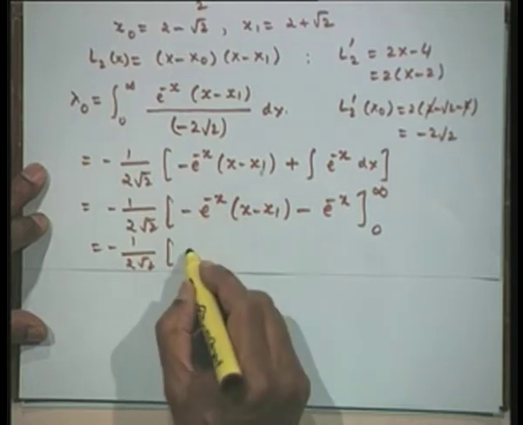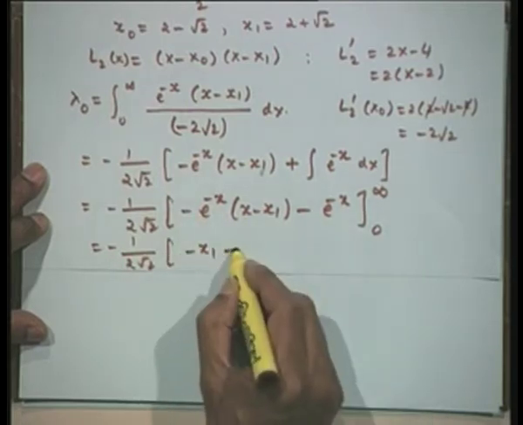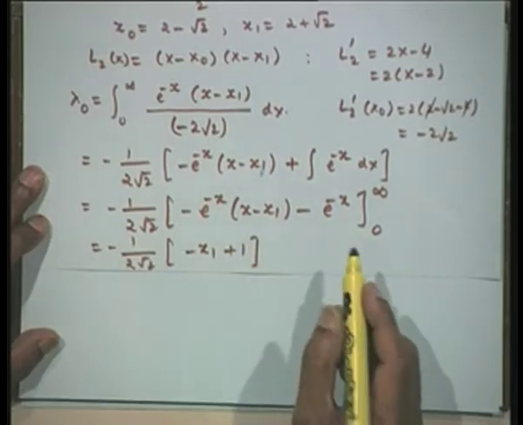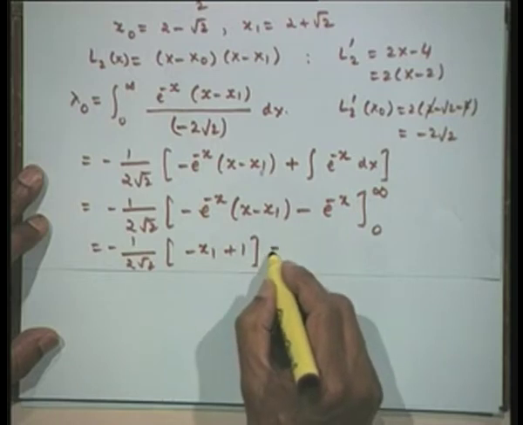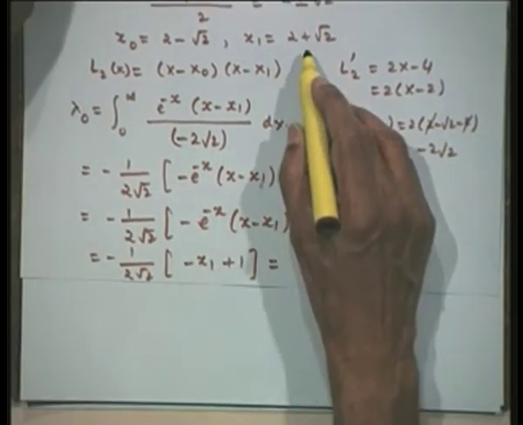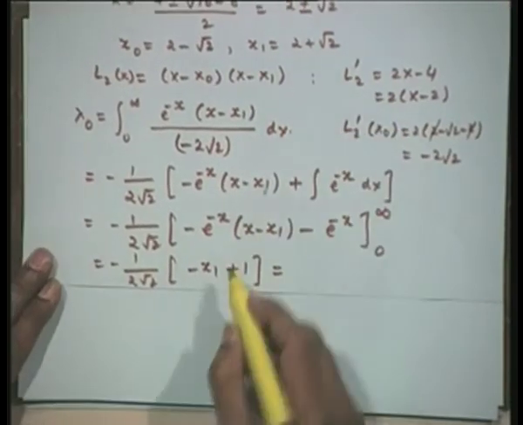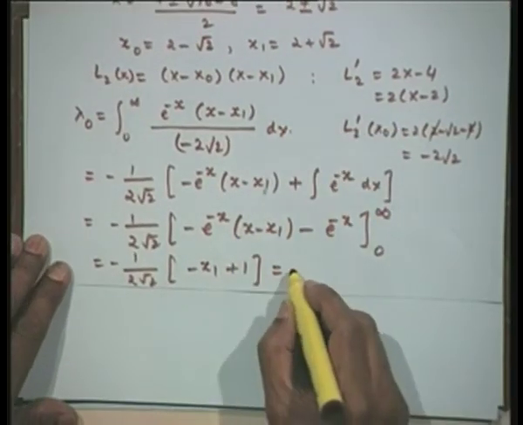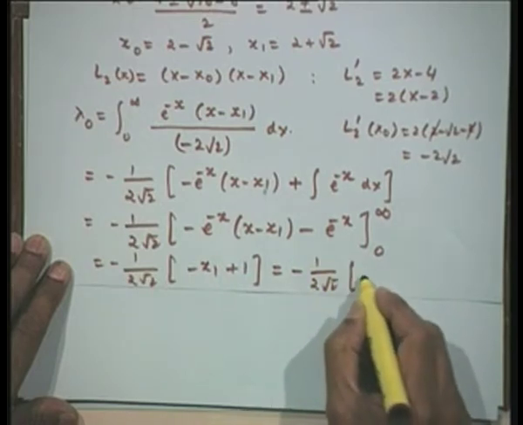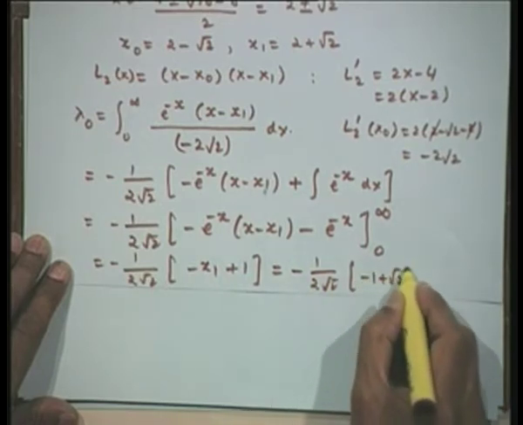So, the minus x1 I will have, and this is plus 1 at the lower limit. So, x1 is 2 plus root 2 and this is plus 1. So, what we have here is minus 1 upon 2 root 2 times minus 1 plus root 2.